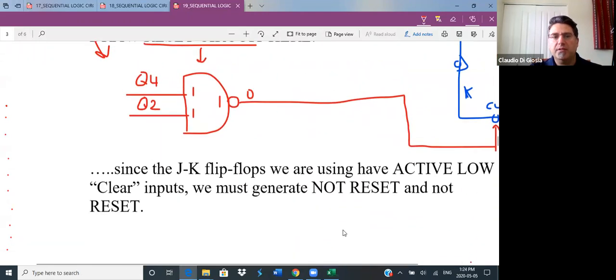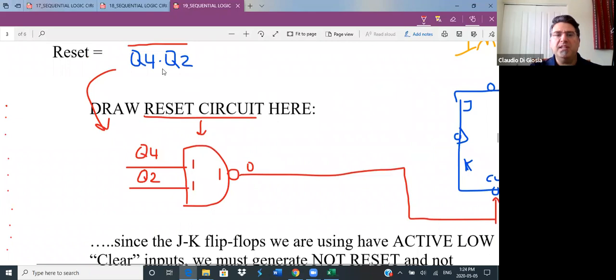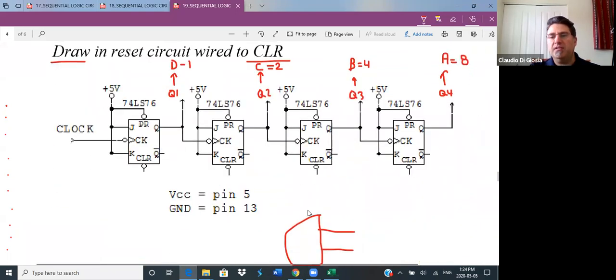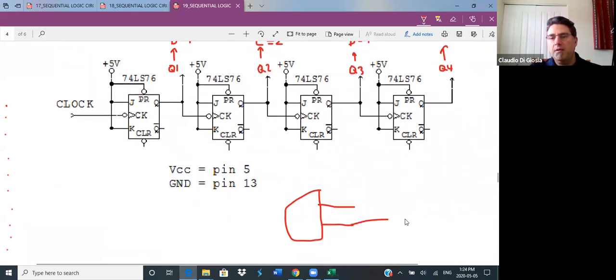Based on what I have here, this is my reset circuit. This is telling me that your NAND gate has to tap off of Q4 and Q2. Guys, this is pivotal information. You have to be listening. Where is Q4? Q4 is right here.